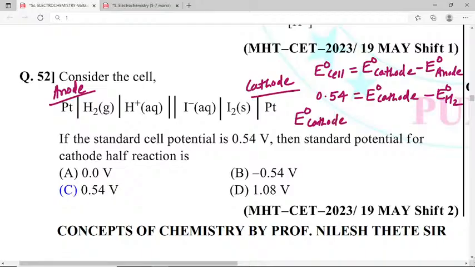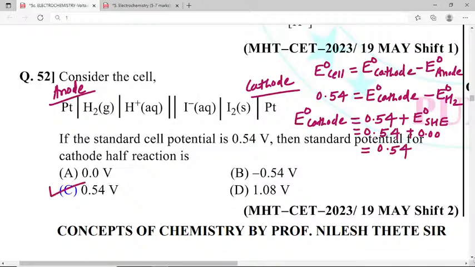How to calculate E naught cathode? It is equal to 0.54 plus E naught SHE. H2 is SHE, right? So how much value? 0.54 plus SHE 0.00 volt. So it is equal to 0.54.